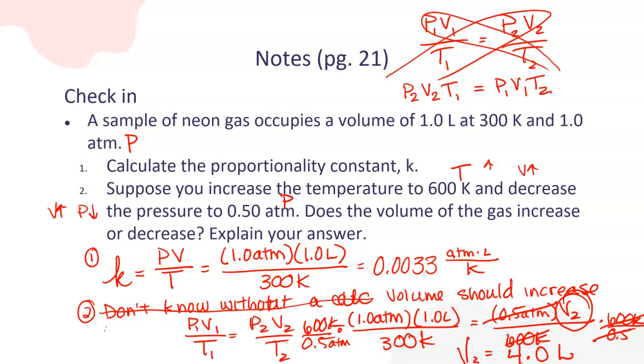It's going to sound like a lot. And we are solving for V2. So I'm going to divide by the other two to get rid of them. But what I do to one side, I have to do to the other. So P2T1. And so these cancel out, and I'm left with V2 is equal to all of this.